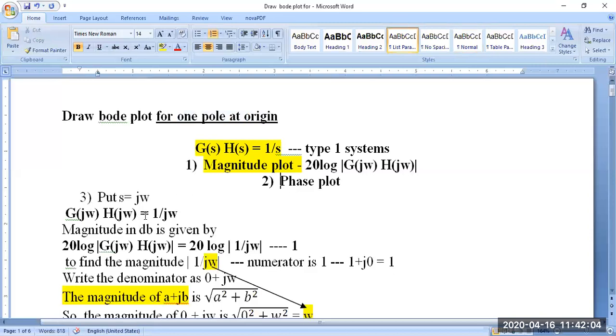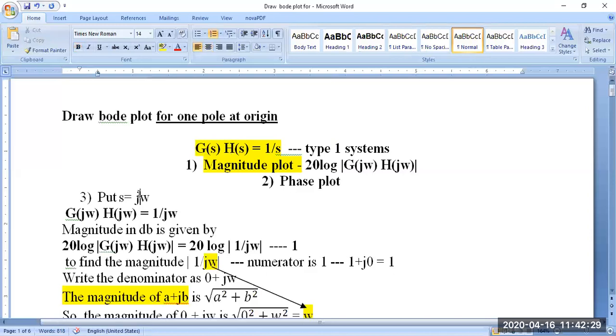So let us start with the magnitude plot. Now, the first step is put s is equal to j omega. So in this equation, G of s into H of s is equal to 1 upon s. Wherever you find s, there you put s is equal to j omega, because we are going to find out the frequency response. For frequency response, the value of s is j omega.